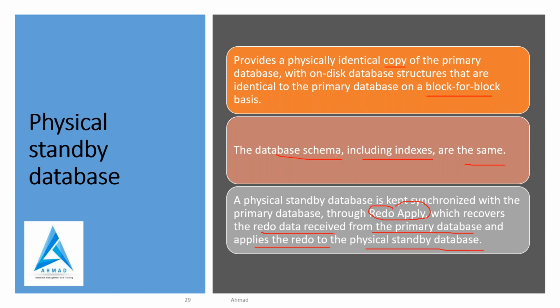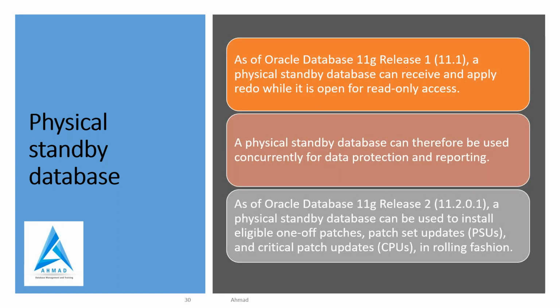And another thing is that from 11g Release 1, a physical standby can receive and apply redo while it is open for read-only access. So that's why from 11g, the requirement for a logical standby database is less, and a physical standby can therefore be used for data protection and reporting.